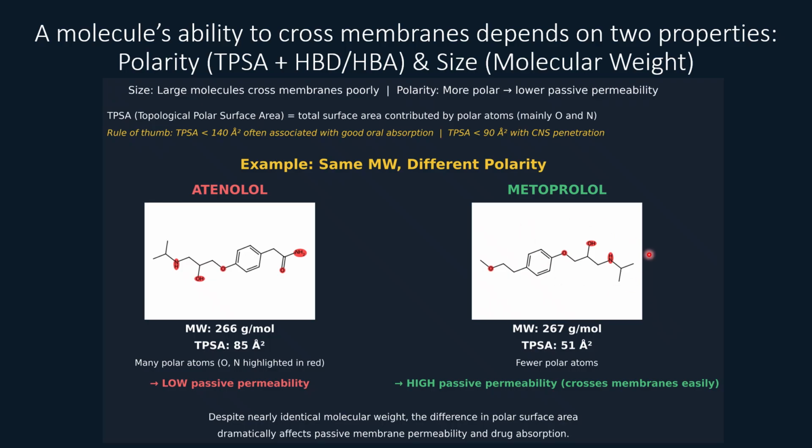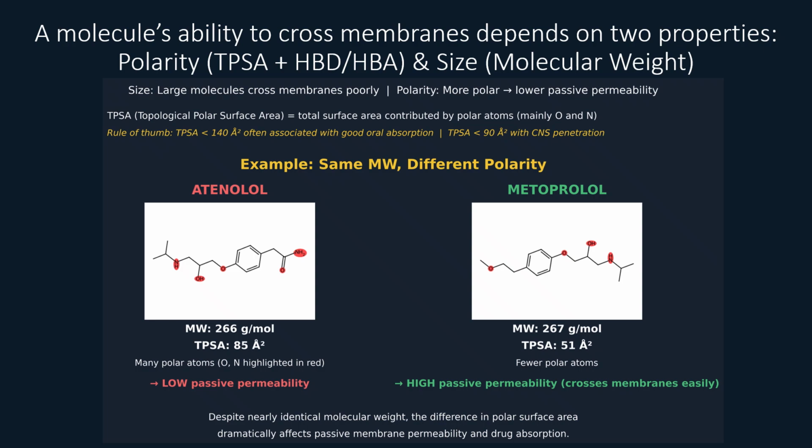You can compare these molecules. This one has low passive permeability, whereas here, high passive permeability. So this can cross membranes a bit more easily.